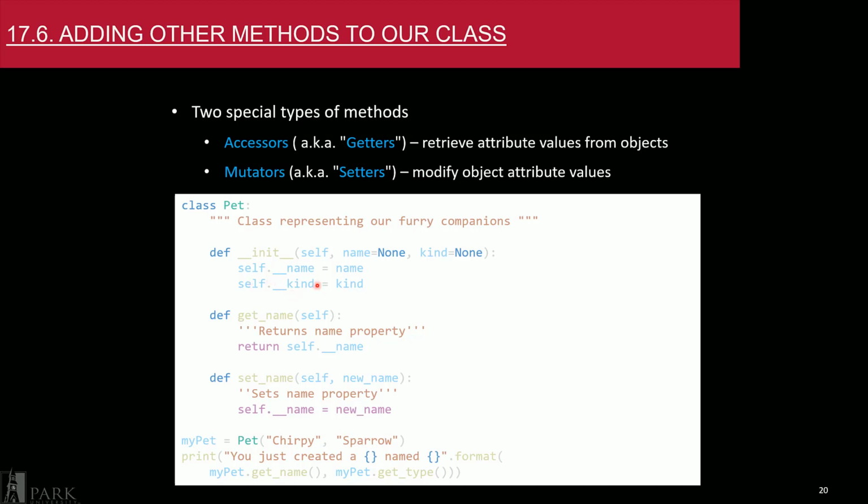If we want to actually access these or modify them, we have to use our methods here to get them, right? So here is a public method called getName, and here's a public method called setName. And here you can see we're passing in new name, and we're setting our self.__name to what we passed in. When we go to use this in our program, you have to use the getName method to actually get our attribute.